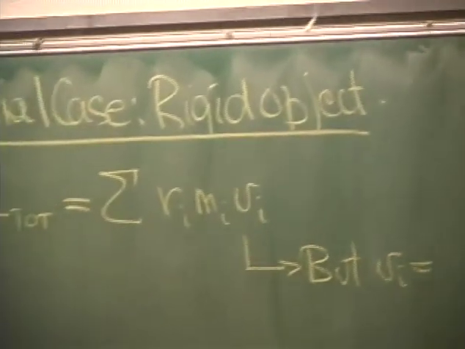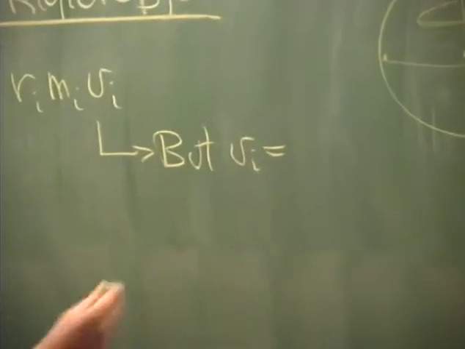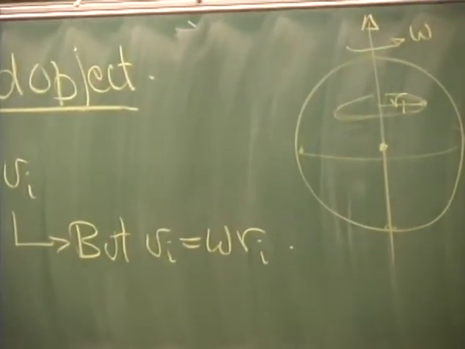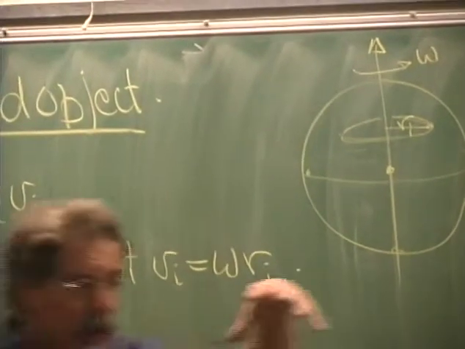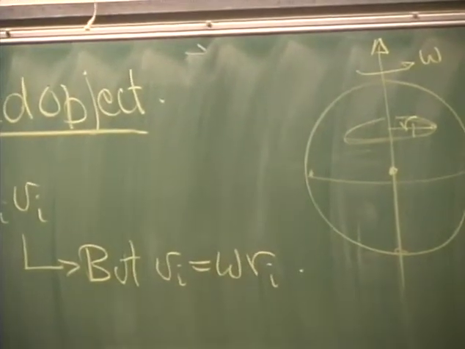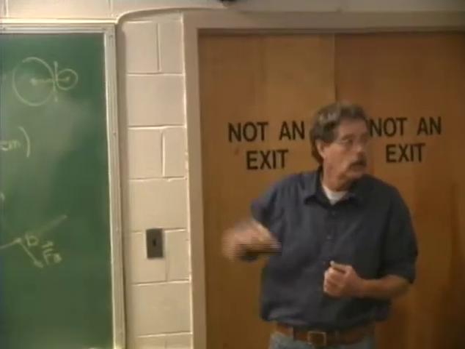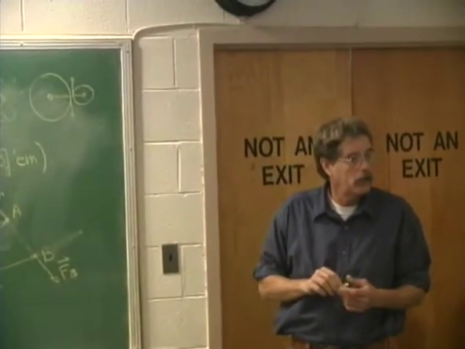It's proportional to how far out you are, and the proportionality factor is exactly omega times r, isn't that right? So if it's a rigid object, and here's where the rigid object comes in, there's one angular velocity for the whole works, and the velocity of any point in there is proportional to how far it is from the axis, with a proportionality factor omega.